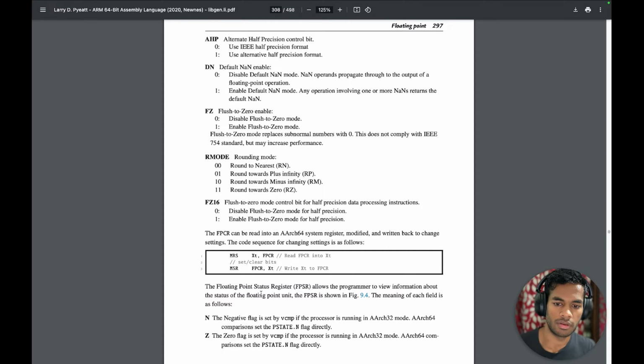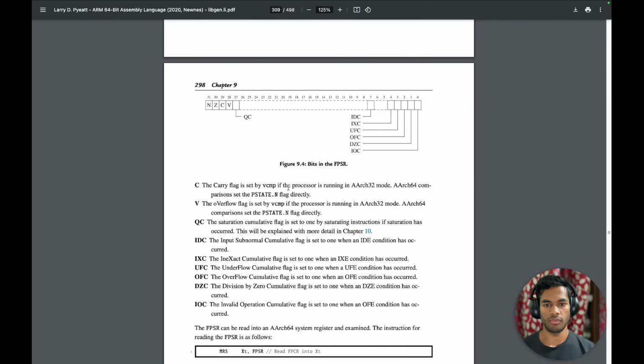status register allows the programmer to view information about the status of the floating point unit. The FPSR is shown in figure 9.4. The meaning of each field is as follows.